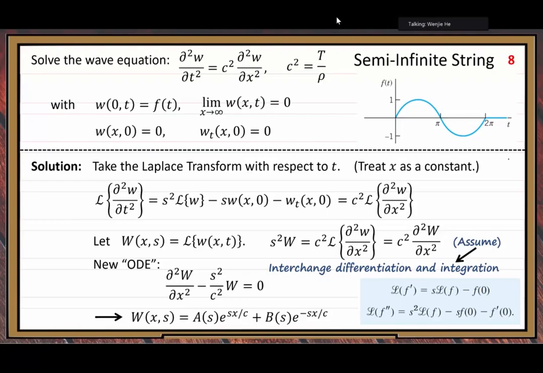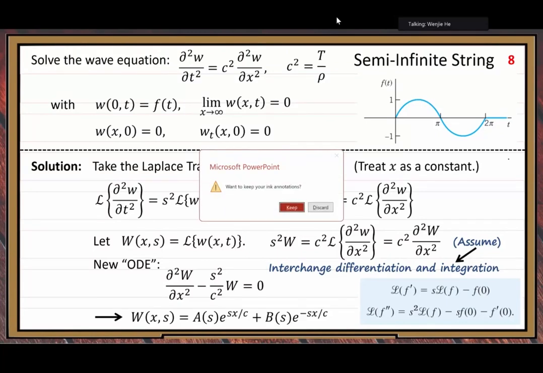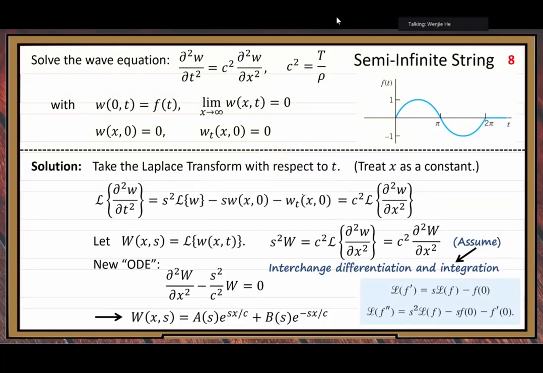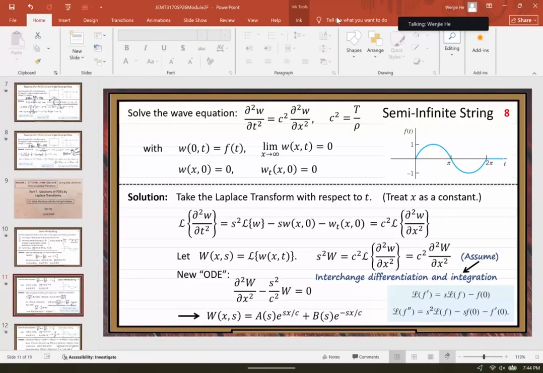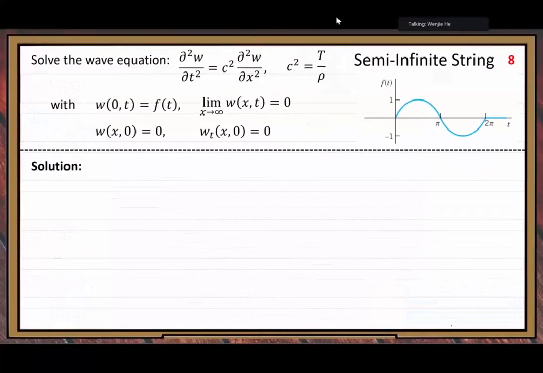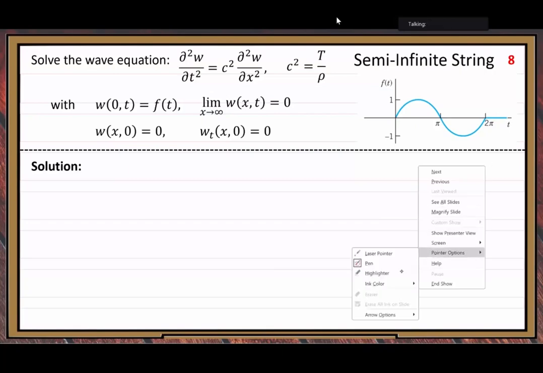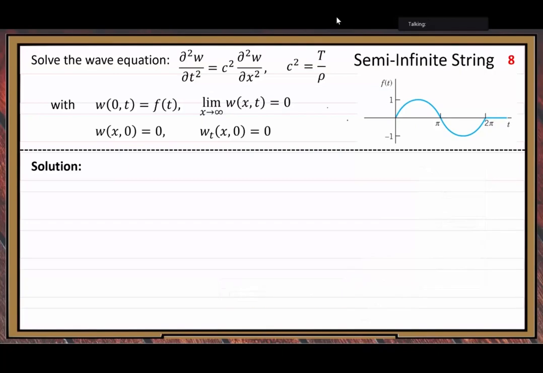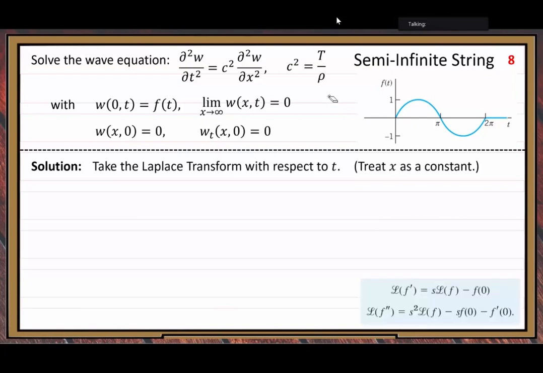Here I skip the characteristic equation part because I believe everybody is familiar with it. Move to this place.